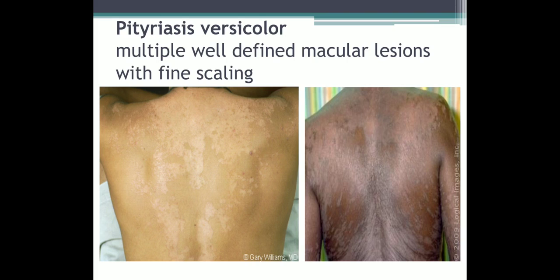Primarily, these varying pigmentations are because of interference with melanin production. Depending on the skin color of the individual, the pigmented patches will also vary.